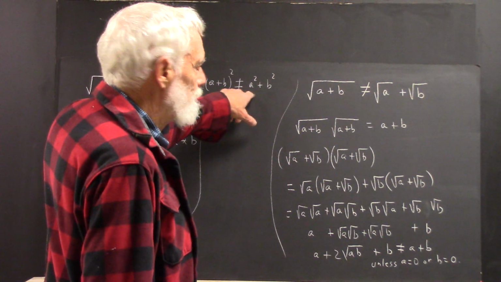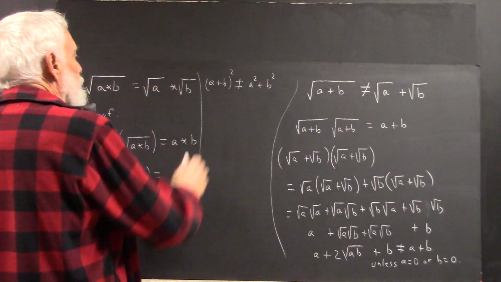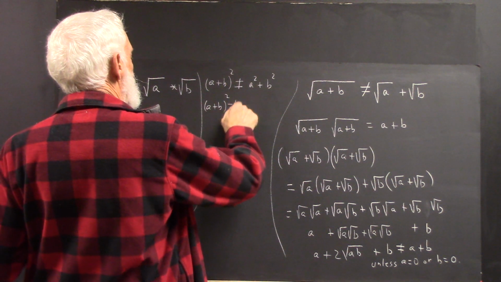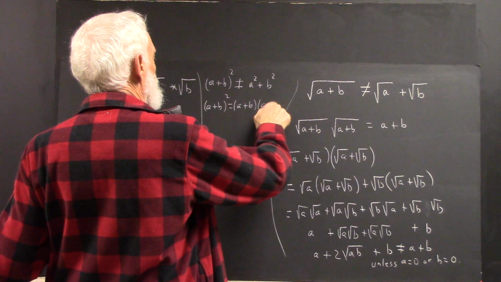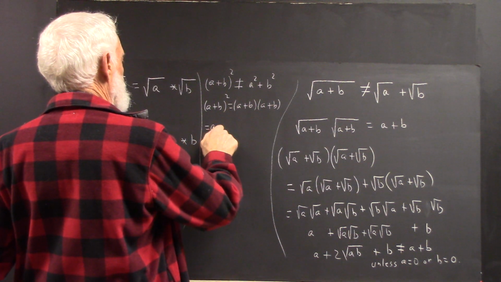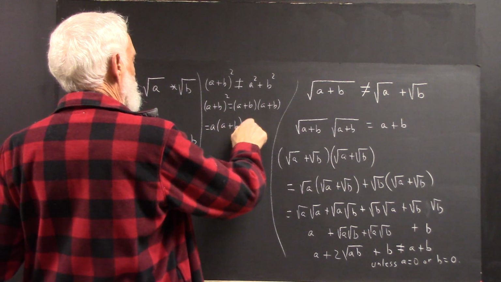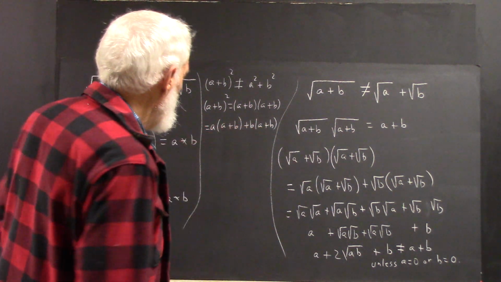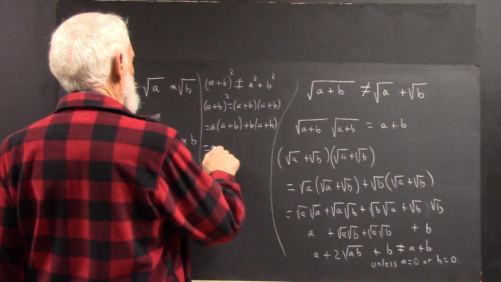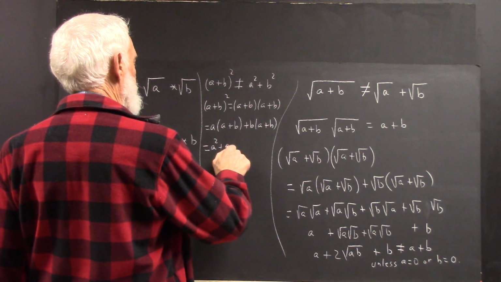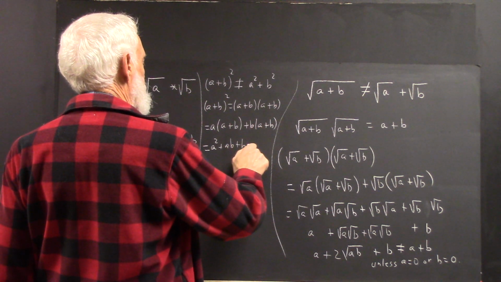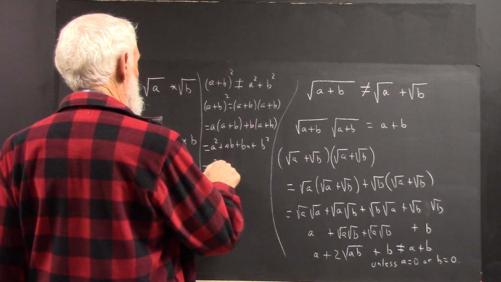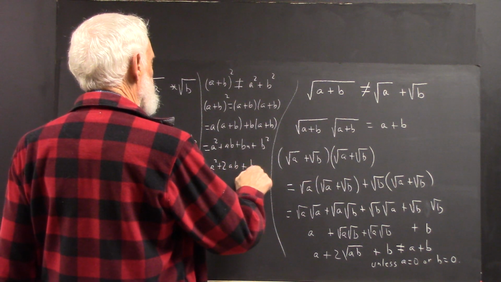The square of A plus B is not the square of A plus the square of B. A plus B squared is A plus B times A plus B, which is A times A, which is A squared, plus AB, plus B times A, plus B squared, which is A squared plus 2AB plus B squared.